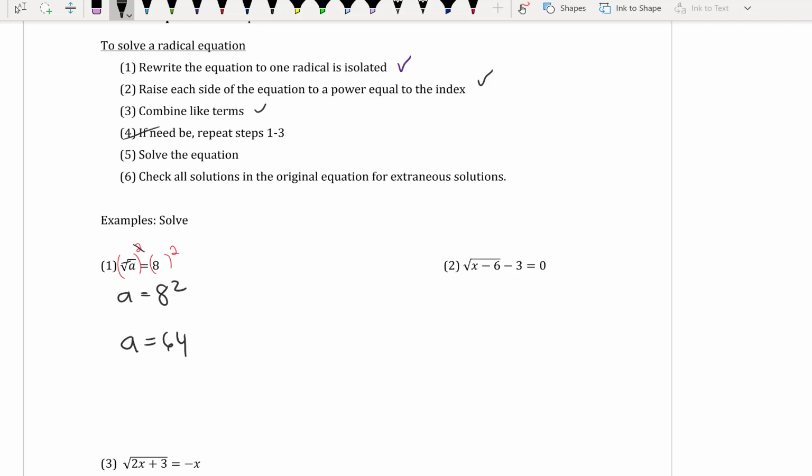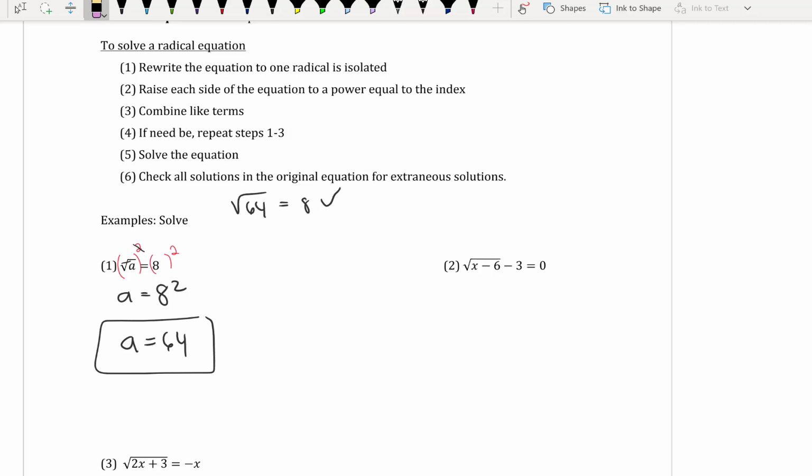Then I solve the equation. I did that. Now I want to make sure that I check the solution. So is the square root of 64 equal to 8? It is. So I know that a is equal to 64 is going to be my answer.